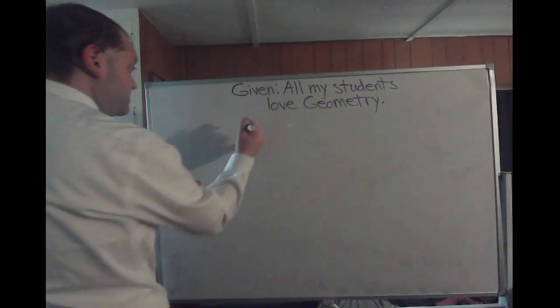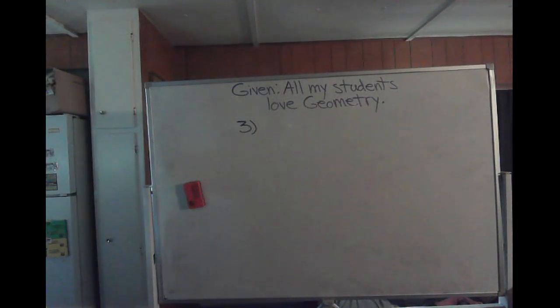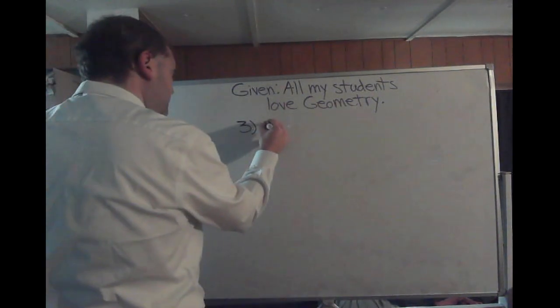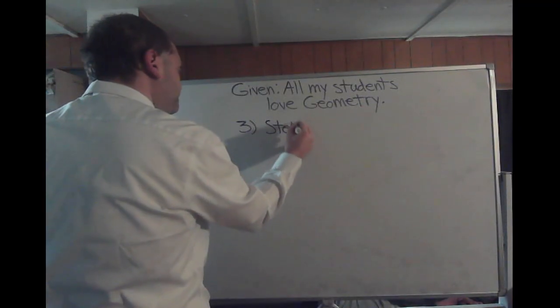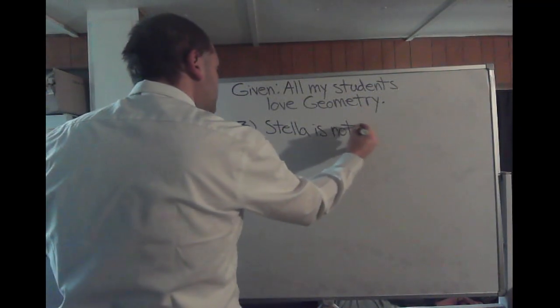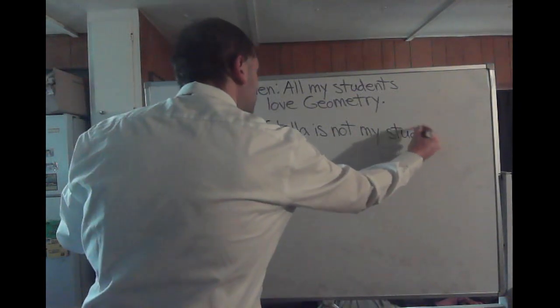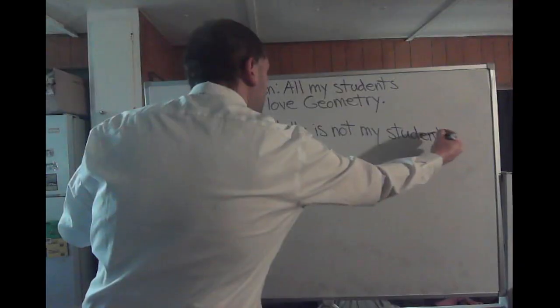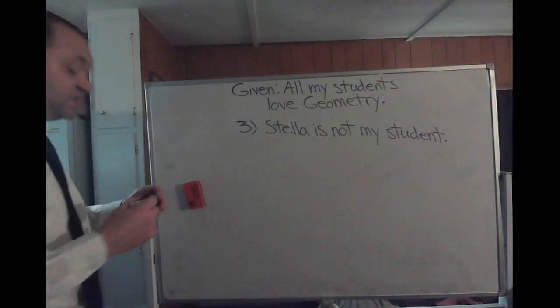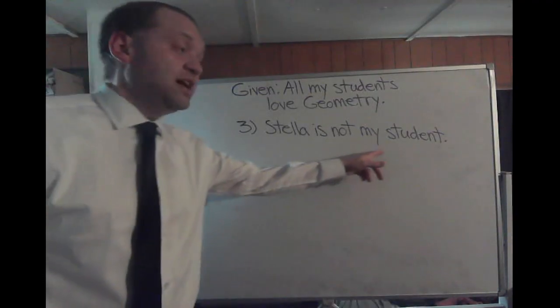All right, what's the third statement with this? And can we draw a conclusion? Stella is not my student. Okay. So the third statement we're given, in addition to the given information, is that Stella is not my student.